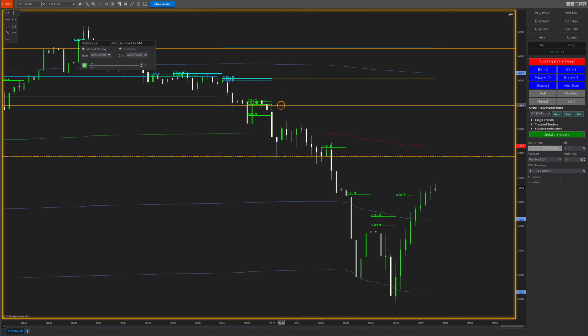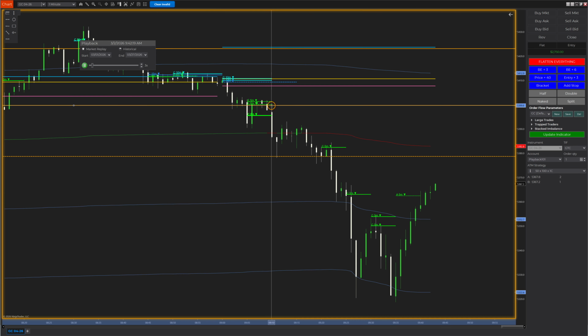So not only did this wick this level right here, but you can see it was making lower highs for each 1 minute bar. Interesting.